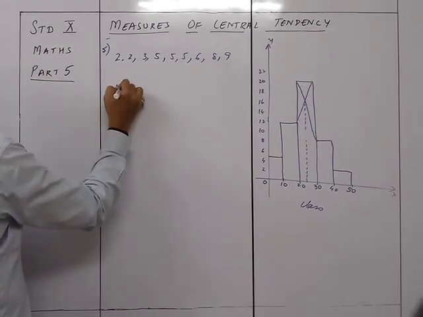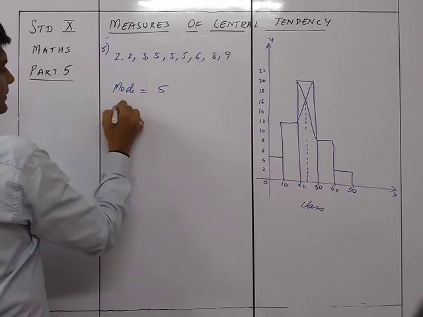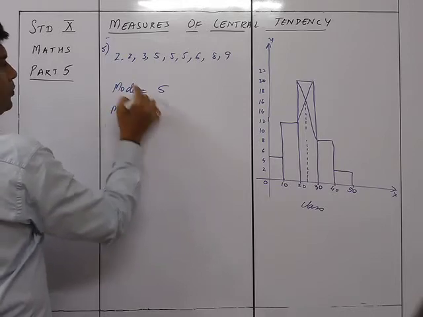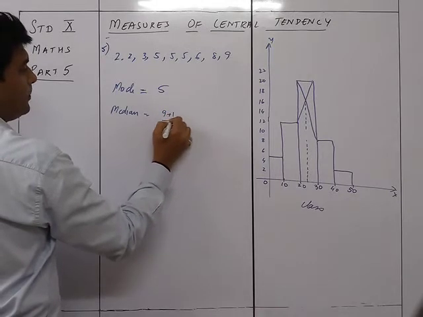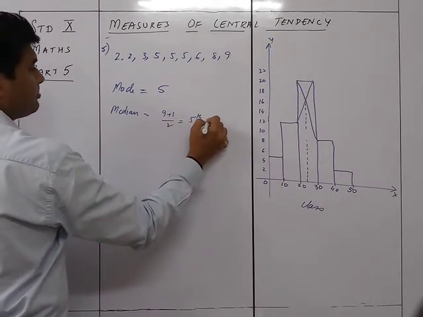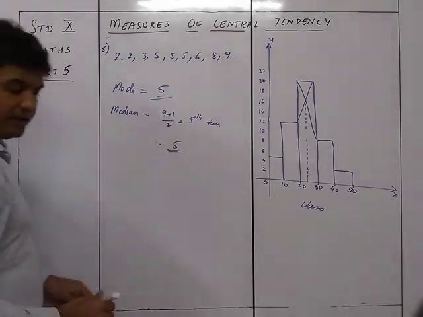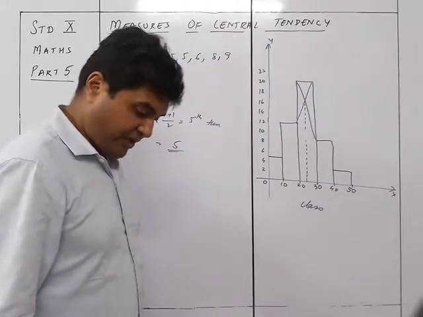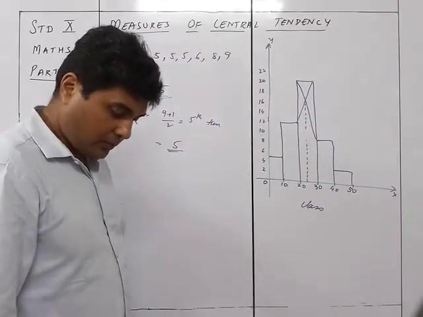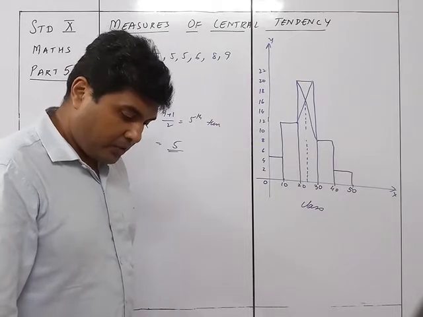So first of all, mode is equal to 5 directly, and for the median, 1, 2, 3, 4, 5, 6, 7, 8, 9. So it will be 9 plus 1 upon 2, which is equal to the fifth term. The fifth term is 5. So mode is 5 and median is also 5. Okay, that was the fifth sum.